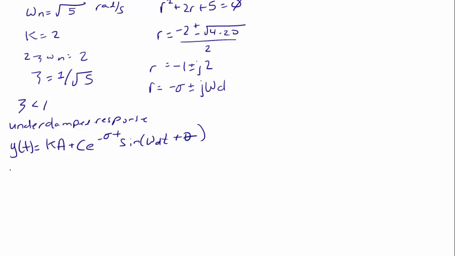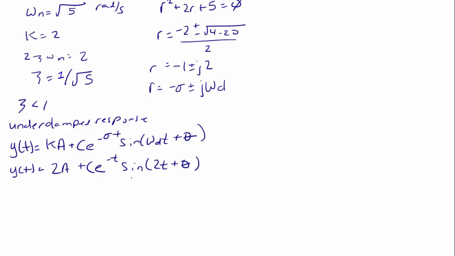So now let's substitute in the values we already know. We know that k is equal to 2, so we have 2A plus C e. We know that sigma is equal to 1, so we have negative t. And we know that omega d is equal to 2 as well, so that's the sine of 2t plus theta.